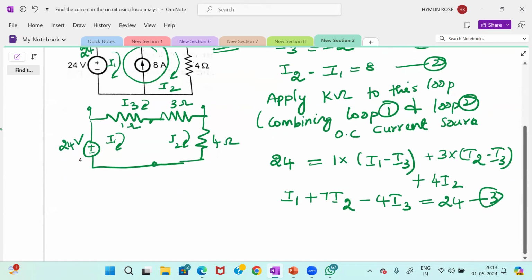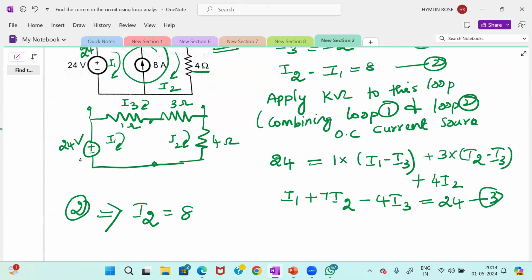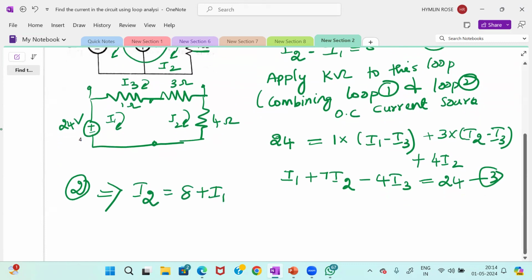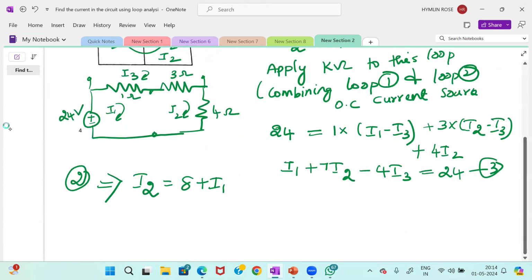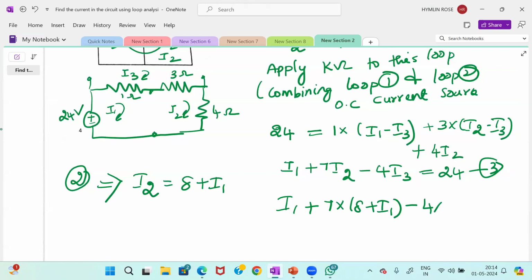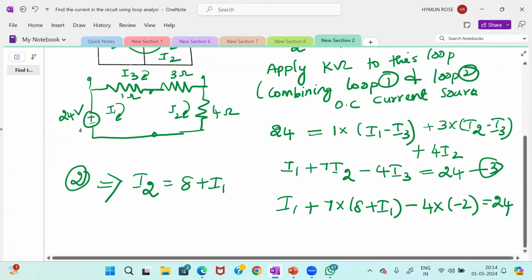Now you can take this from the second equation. Our aim is to find I2, because the question is the power dissipated across the 4 ohm. Either you can take I2 as 8 plus I1 and find the current I1, because the I3 value is -2. So I1 plus 7 into (8 plus I1) minus 4 into (-2) is equal to 24.